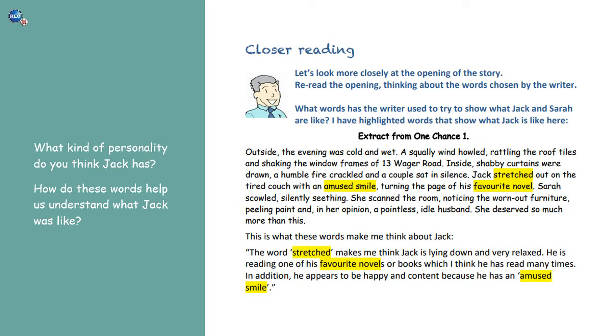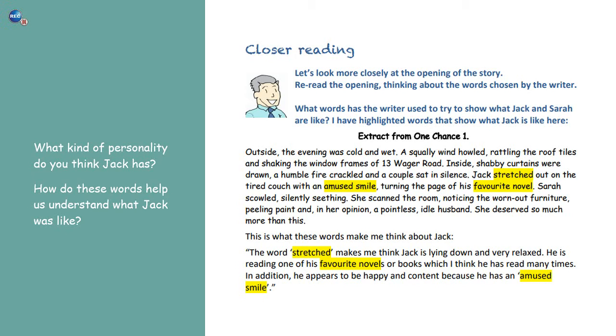So the writer has used words like Jack stretched out on the tired couch with an amused smile, turning a page of his favourite novel. So if he's stretching out, he's got an amused smile, and he's reading his favourite novel, it makes it sound like Jack is very relaxed.